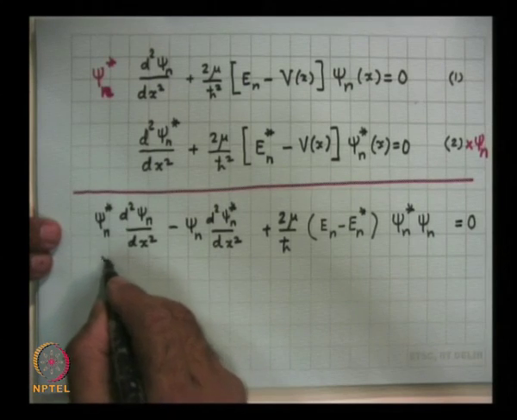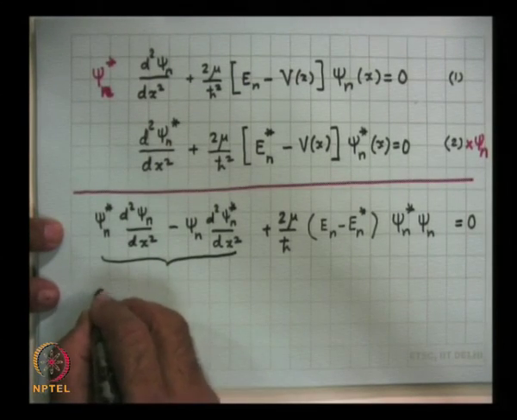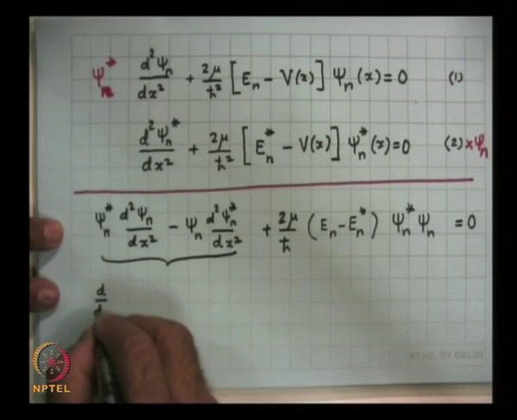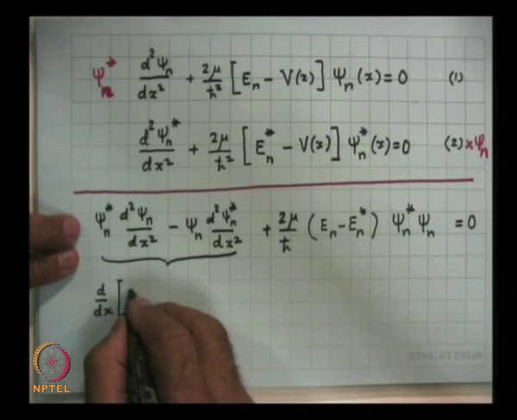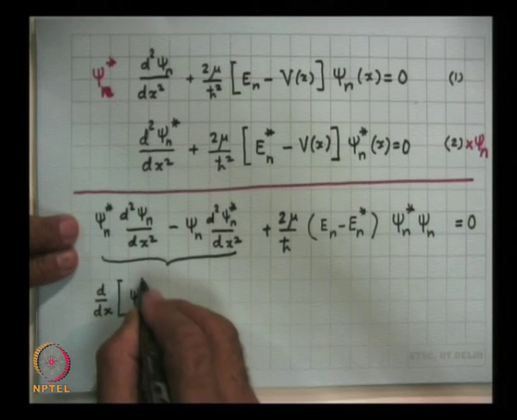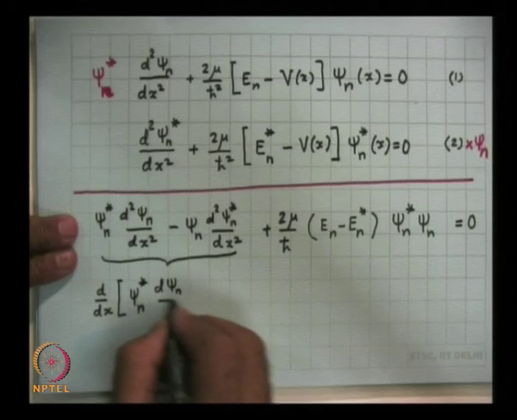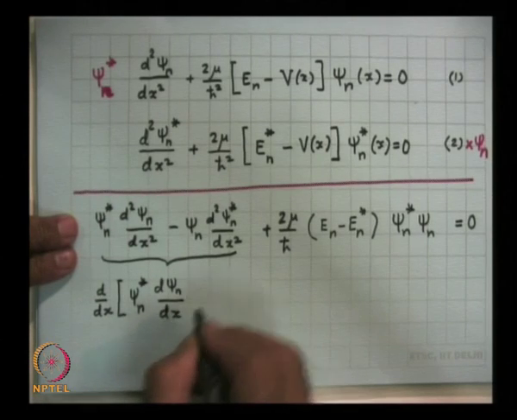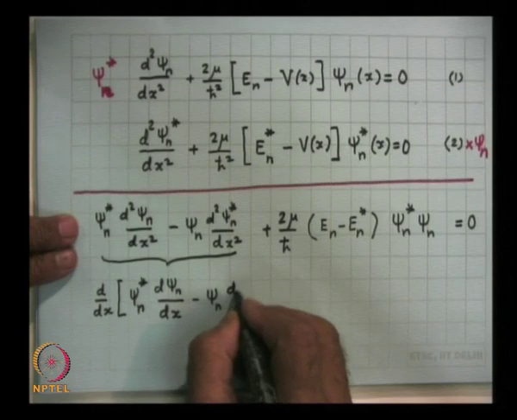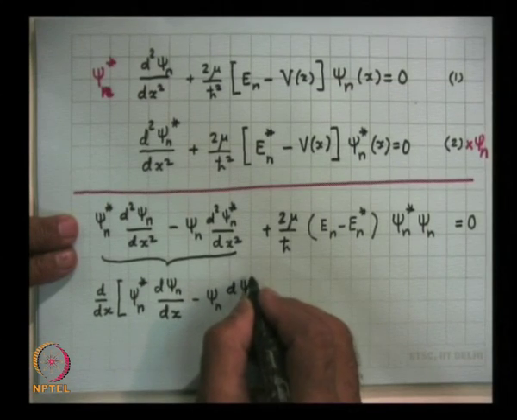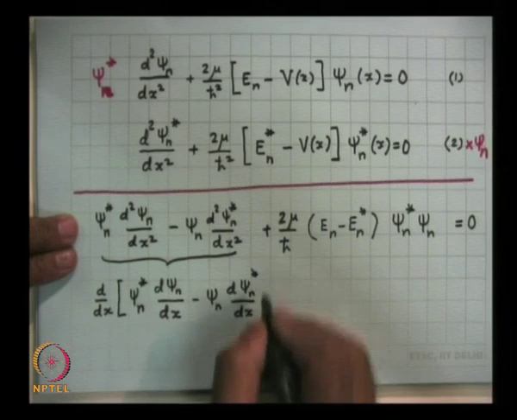This term, if you write carefully, will be the total differential d dx of, please see this, psi n star d psi n by dx minus psi n d psi n star by dx.